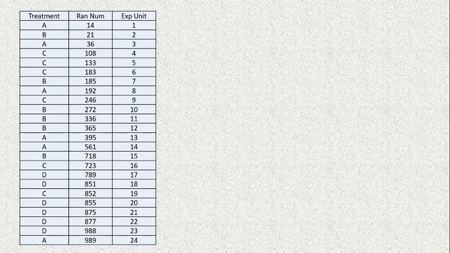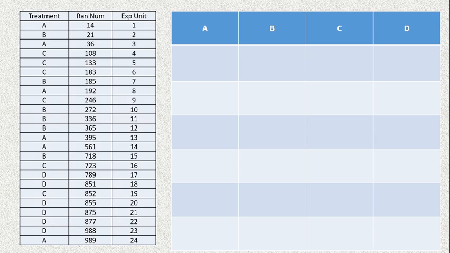So what we do next is arrange the treatments into a table like this. We will have the first column for treatment A, the second column for treatment B, then third and fourth.